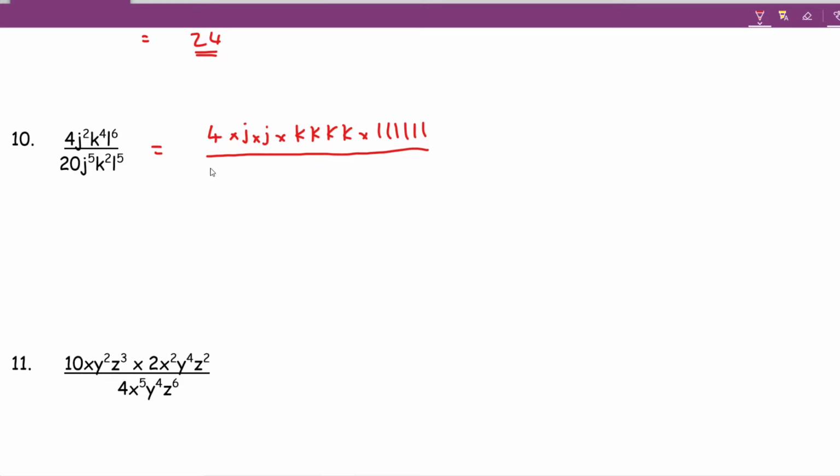Now 20 can be written as 4 times 5. We've got 5 j's times 1, 2, 3, 4, 5 k's, times k squared, times 1, 2, 3, 4, 5.